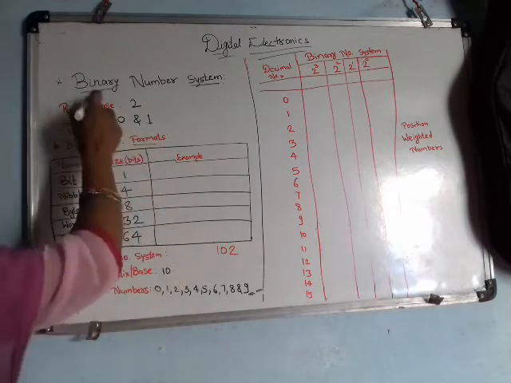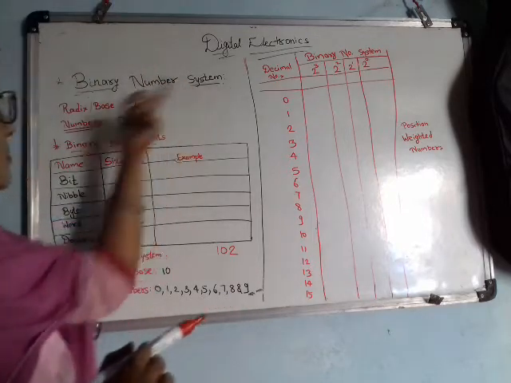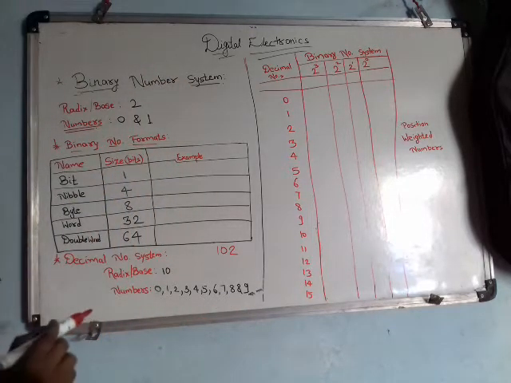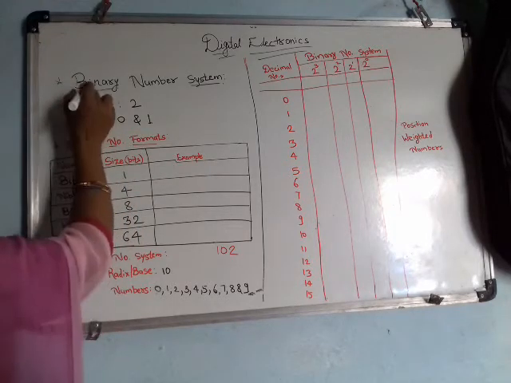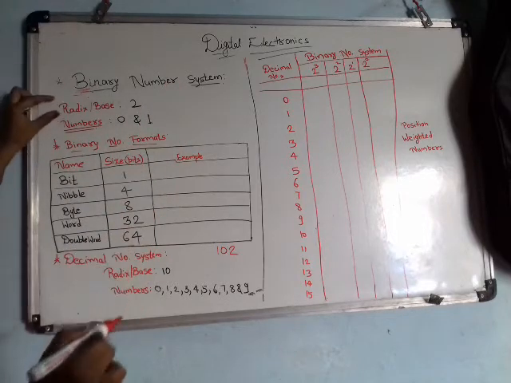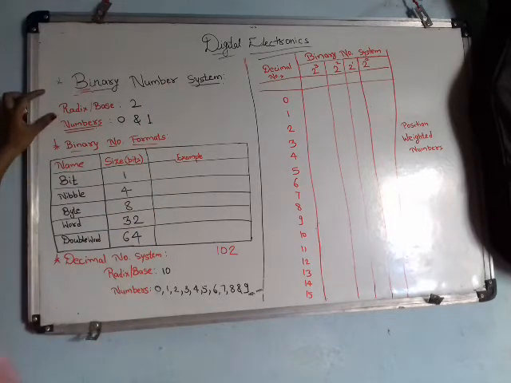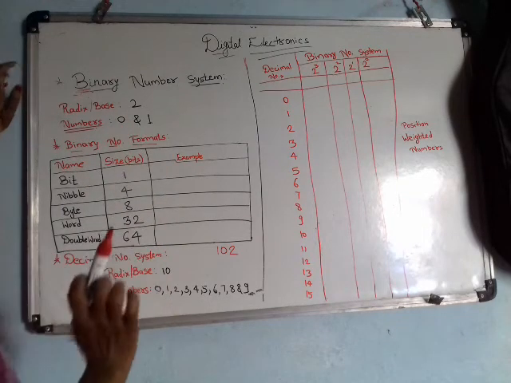Then we'll go to our main topic, the binary number system. As the name indicates, bi implies 2. So the radix or the base of the binary number system is 2, and it consists of only two numbers, 0 and 1.